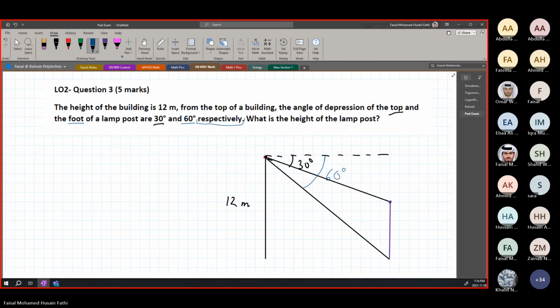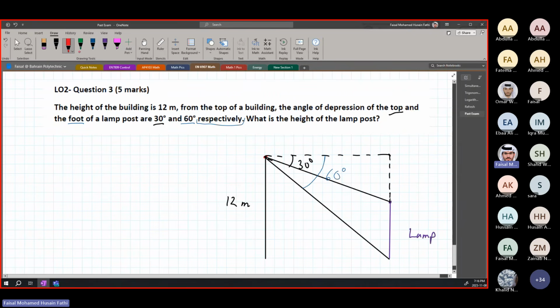Now just to complete this so you don't get confused, this is our lamp, in purple. Angle of depression from the top of the building, this is the building. The angle of depression from the top of the building to the top of the lamp is 30 degrees, and from the top of the building to the bottom of the lamp is this full angle, 60 degrees. Okay?